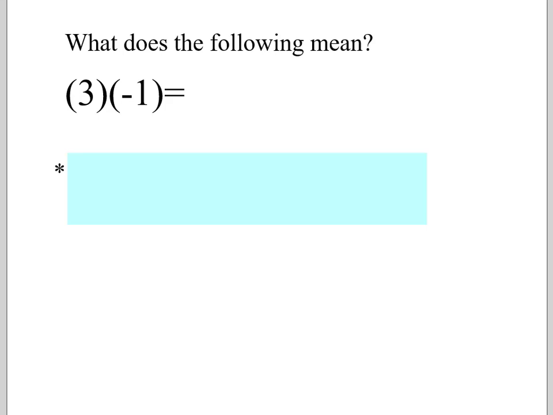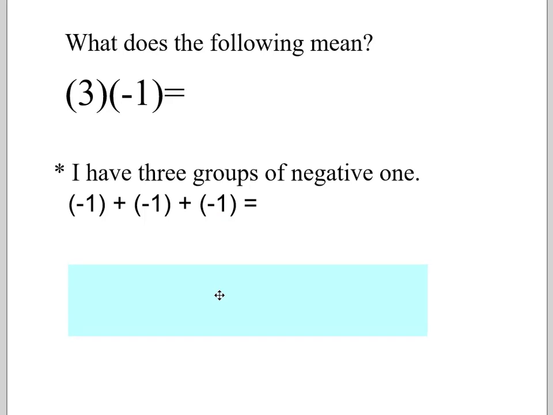So if I ask you, what does 3 times negative 1 mean? It means I have 3 groups of negative 1. If you remember, multiplication is a shortcut for repetitive addition. So 3 groups of negative 1 becomes negative 3 as my answer.